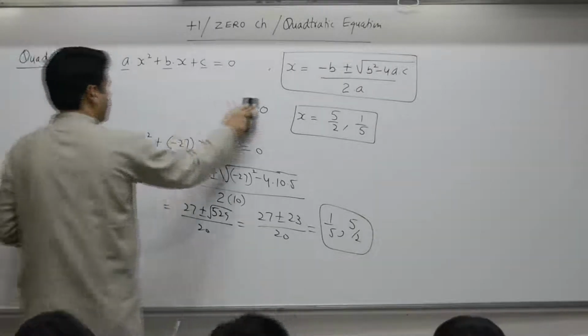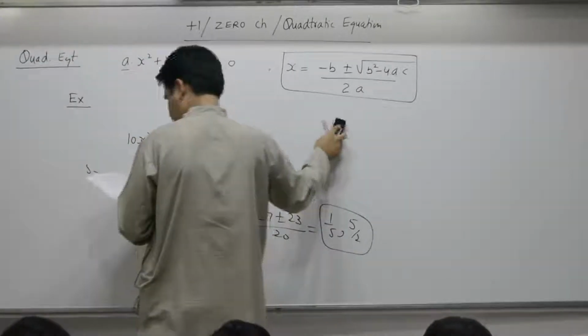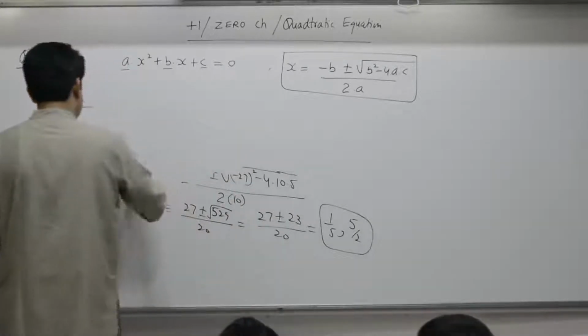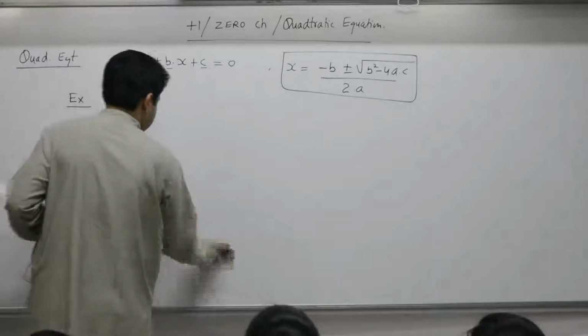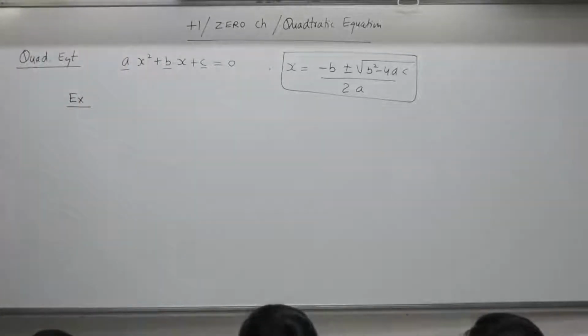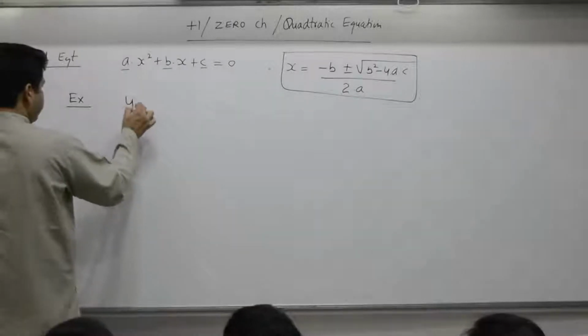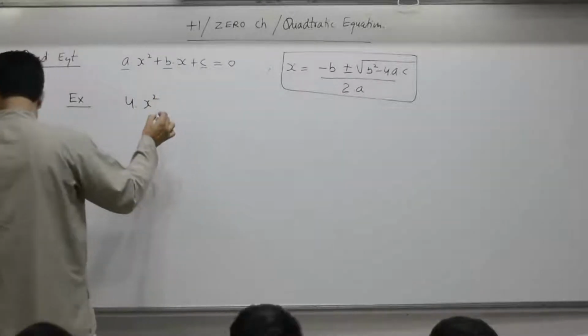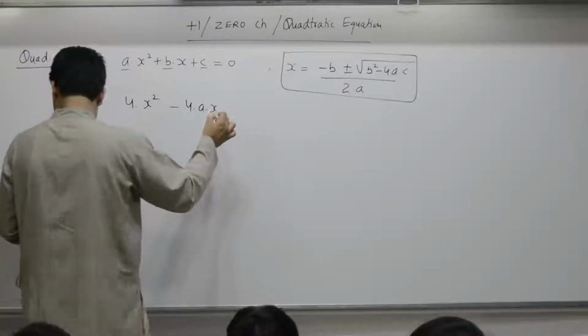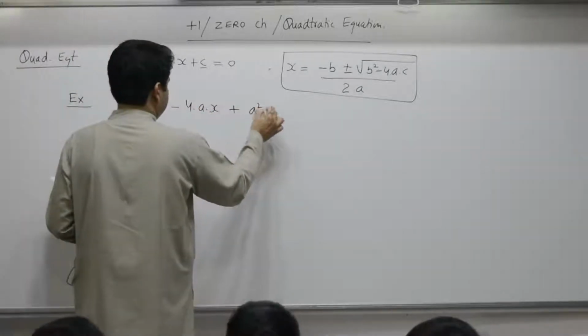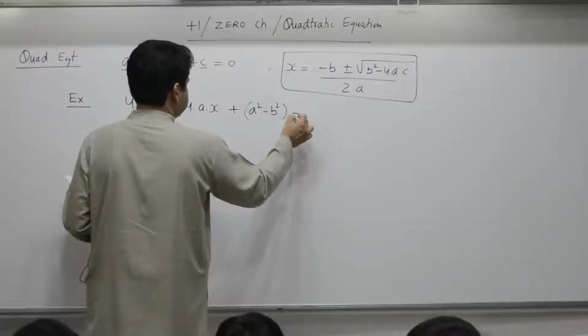One more example. Four x square minus 4ax plus a square minus b square is equal to 0.